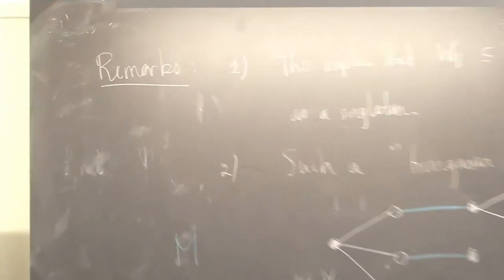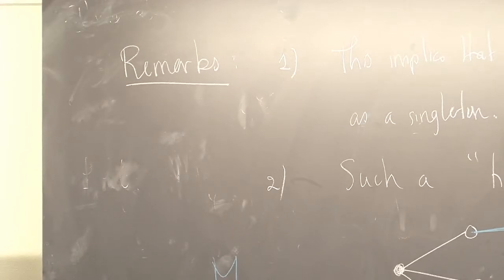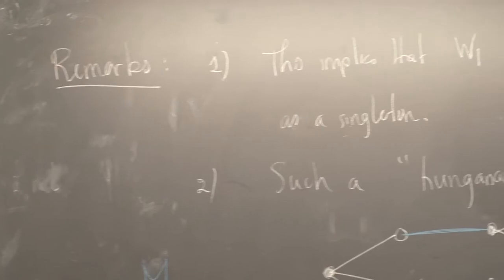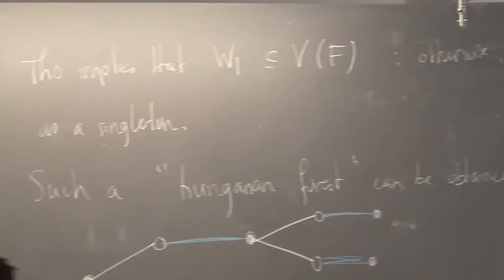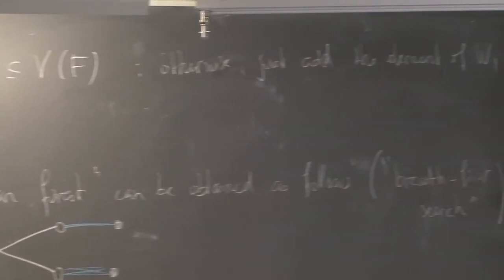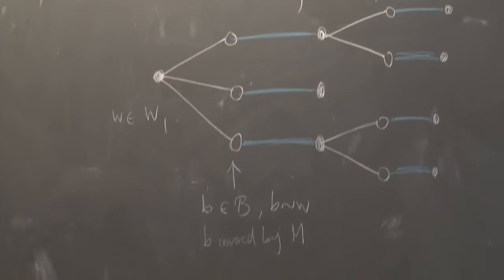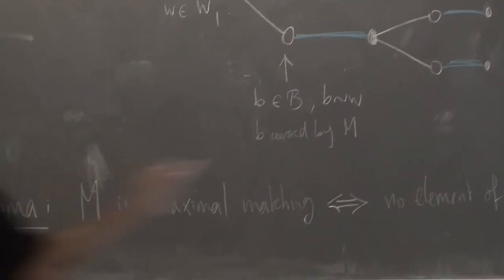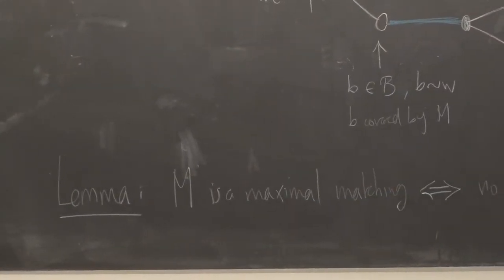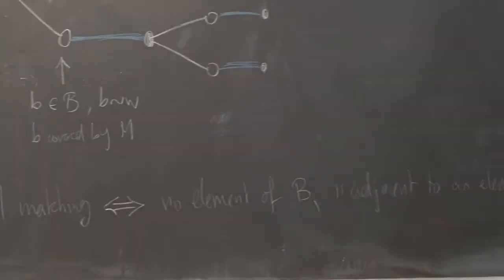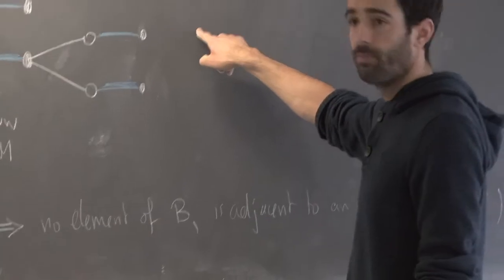And here's the proof. So one direction is obvious, the one from left to right. So by way of contraposition, let's assume that there is an element of B1 which is adjacent to an element here. So let me maybe draw it here.